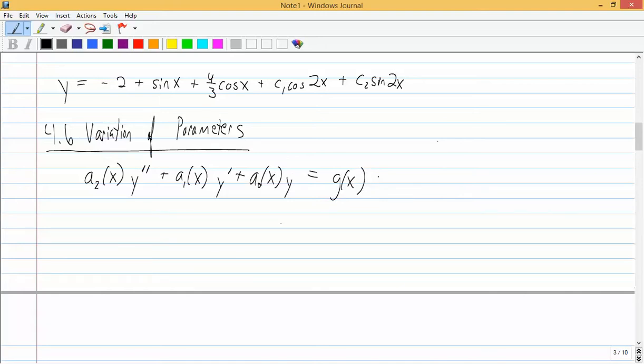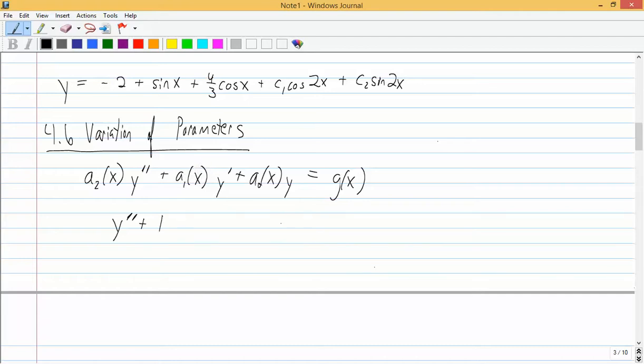To adapt our variation of parameters to a second degree, start by putting the differential equation in standard form. Standard form is when you don't want anything in front of the y double prime, and so you divide everything by whatever this is right here, and you'd have just y double prime plus, and more than likely whenever you divide every term by this right here, that's going to change this term into something different.